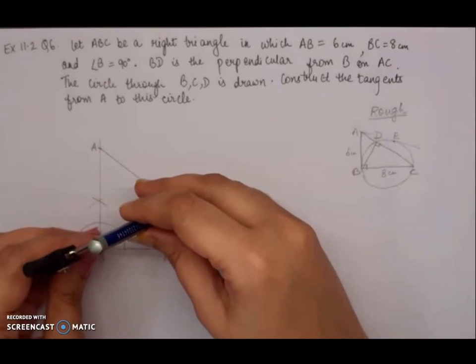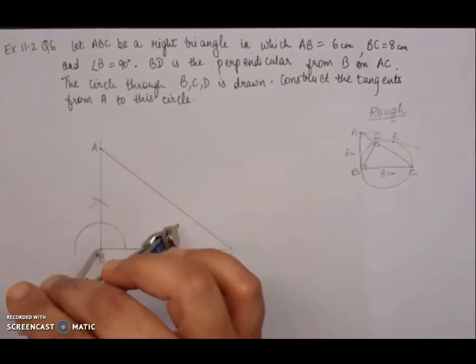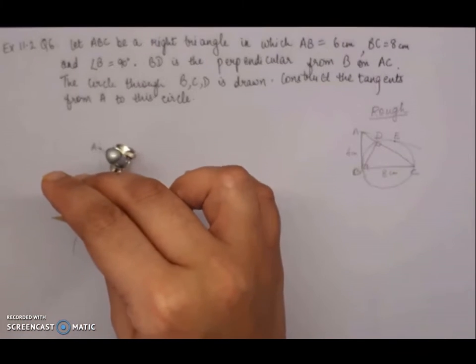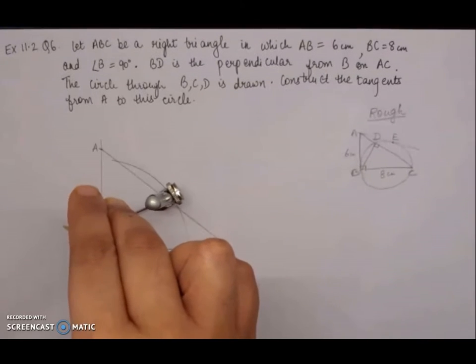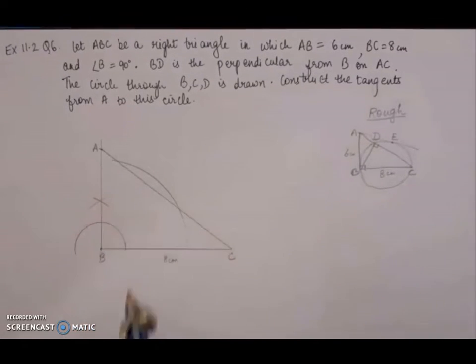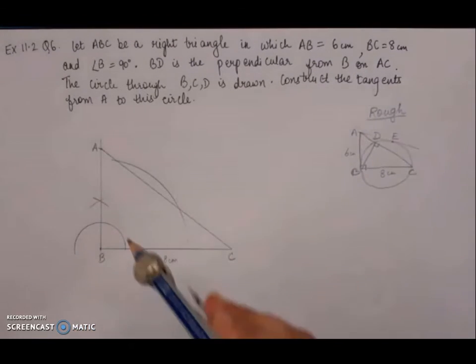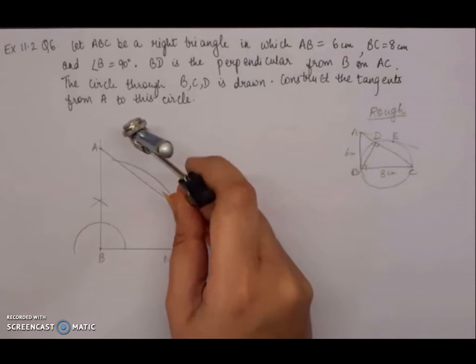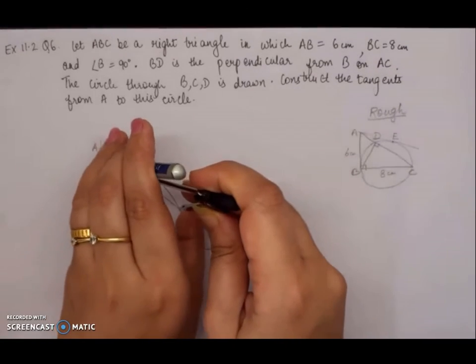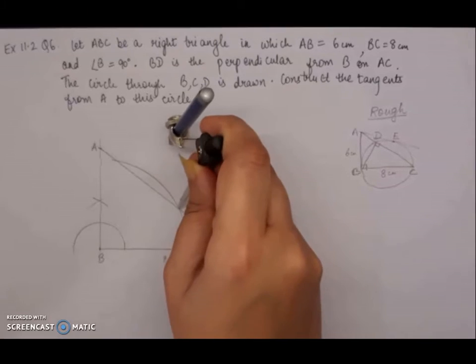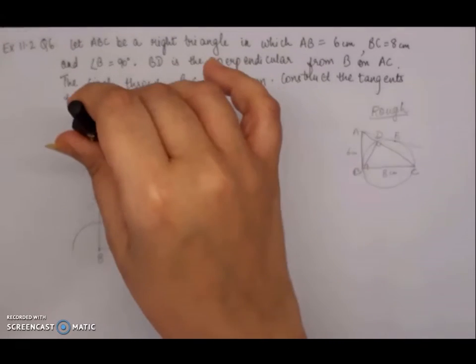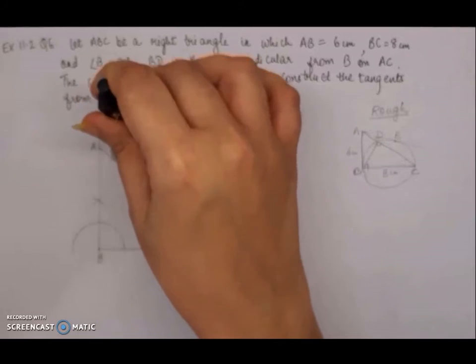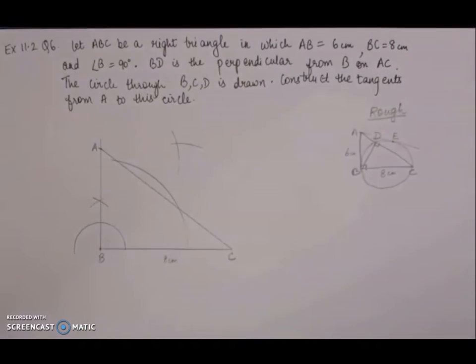The next step is to construct an altitude from B to the opposite side AC. So for that, we will draw an arc of any measure taking B as the center such that it will cut AC at 2 distinct points. Now we will bisect this arc. So take any measure more than half of this arc and draw 2 arcs from both the ends.